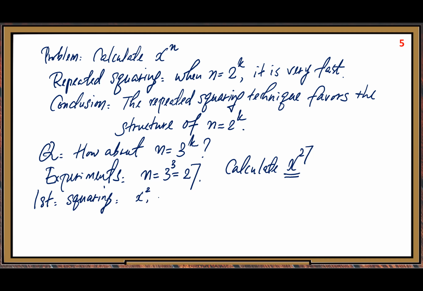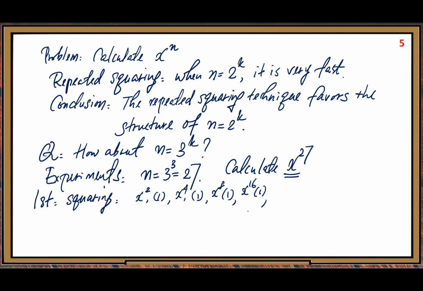x squared, the first multiplication, gives x to the 4th. Second, I just put a 1, accumulative way, x to the 8th, another 1. x to the 16th, another 1.